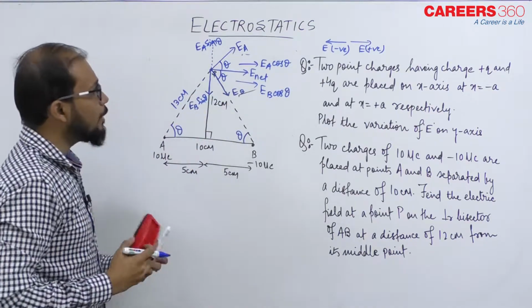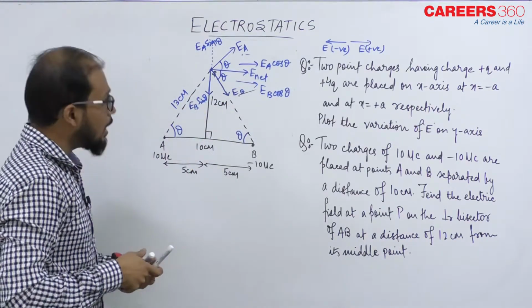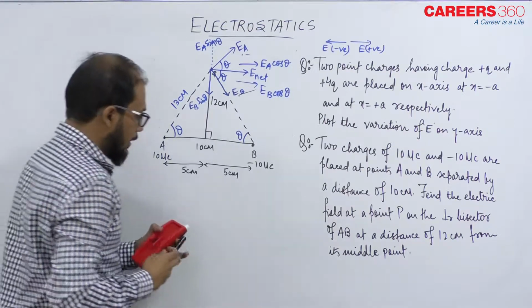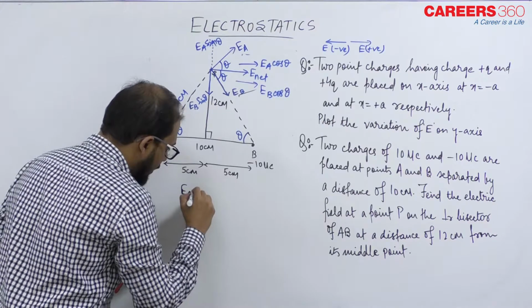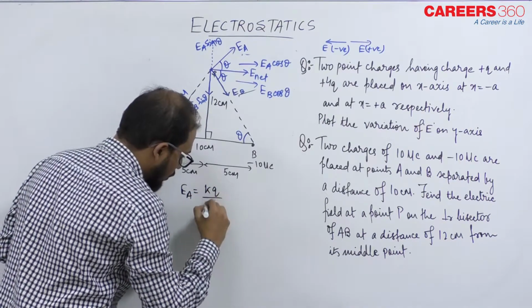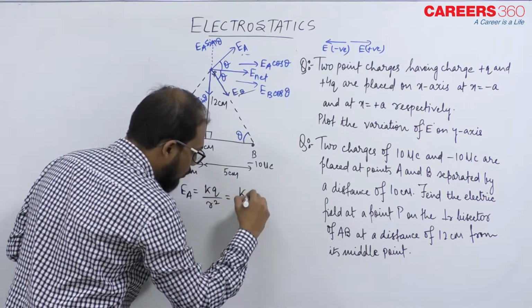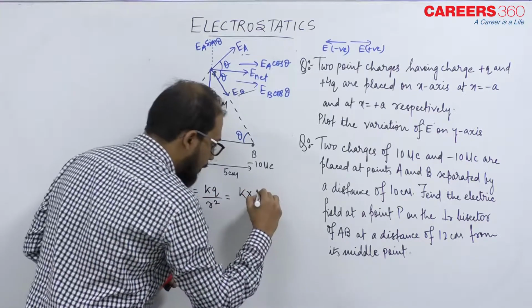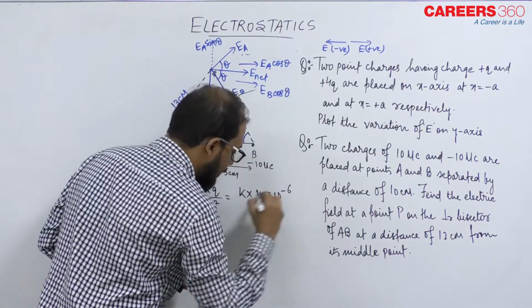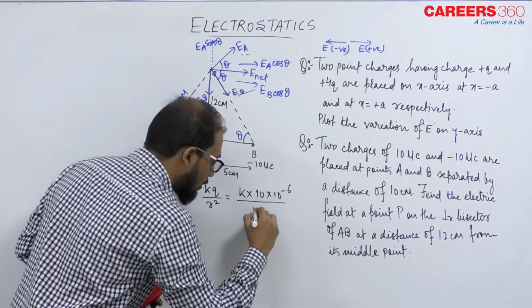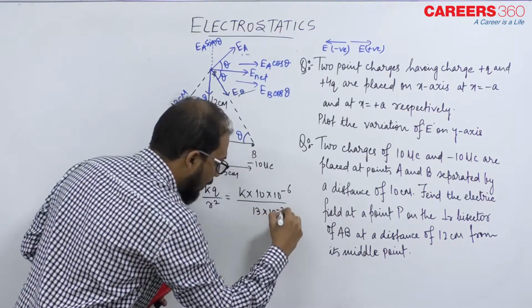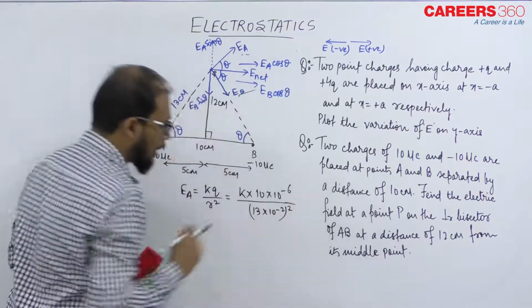Now, if we calculate the value of EB and EA, it will come out to be equal. Let's see here. This is EA. EA will be equal to K into Q upon R square, that is K into the value of Q, which is 10 into 10 raised to the power minus 6, upon R square. This length is 13, that is 13 into 10 raised to the power minus 2, we will change it into meter, upon R square.